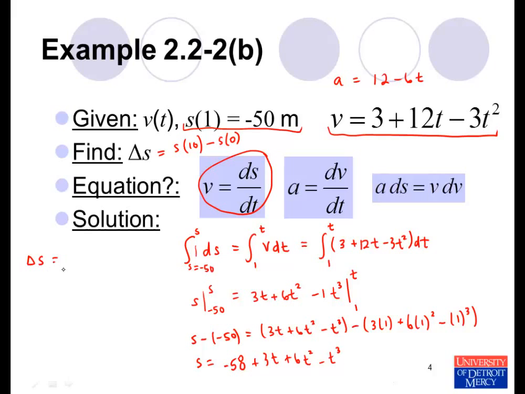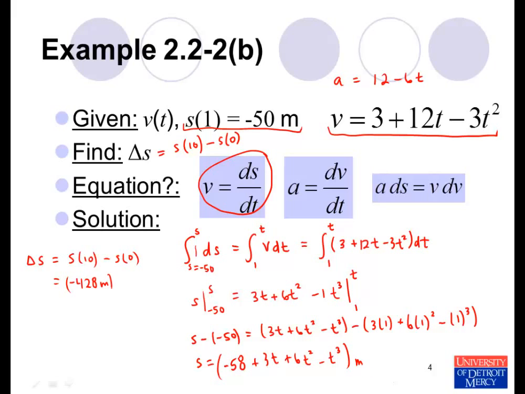So in particular, we want the displacement between 10 seconds and 0 seconds. If we take time equals t and plug in 10 for t here, we get minus 428 meters. So again, this has units of meters because that's the units of length we're dealing with.